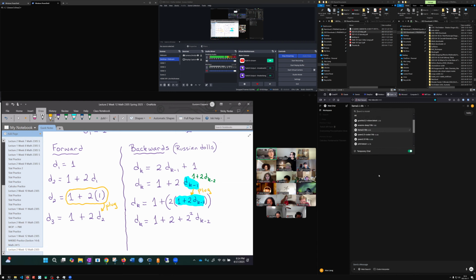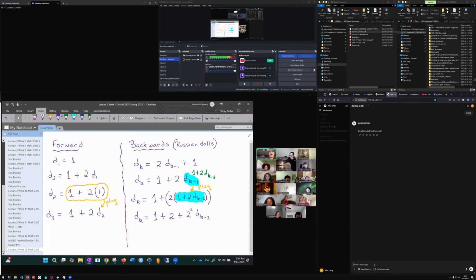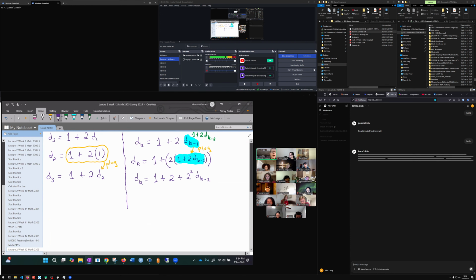Well, let's plug in the one on the left-hand side. Right there. On the left-hand side will be D3, 1 plus 2, and then there is the actual plug.